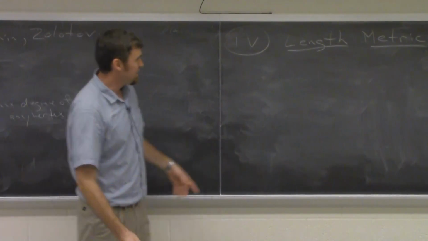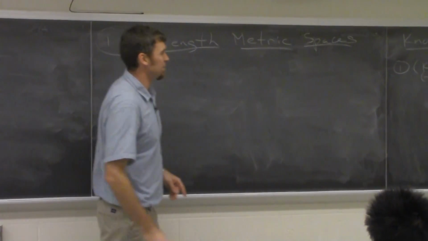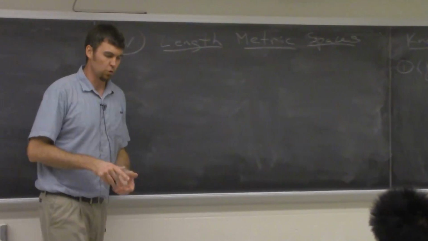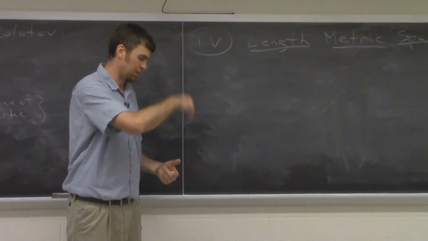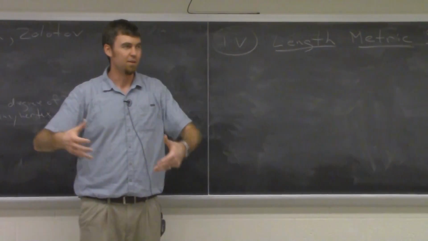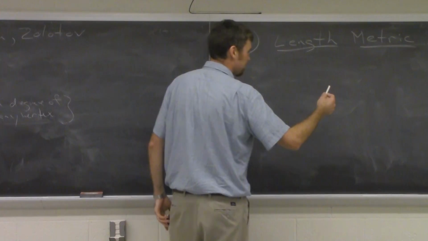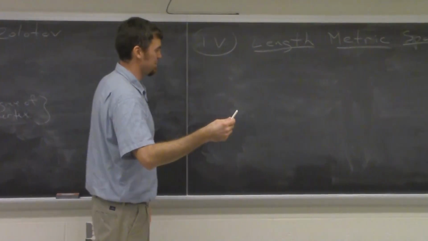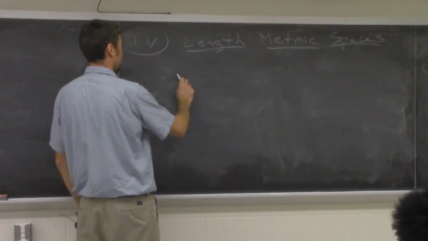So these length metric spaces, if you're looking at path isometries, maps that preserve the lengths of paths, this is the kind of largest ambient set you want to look at, right? And by the way, this was the problem my advisor gave me for the PhD problem way back, lots of years ago.